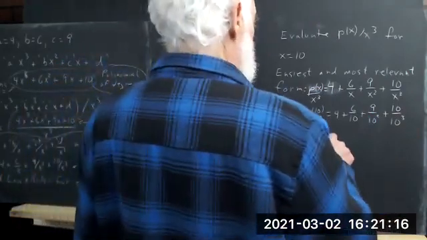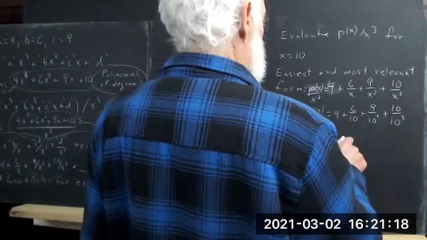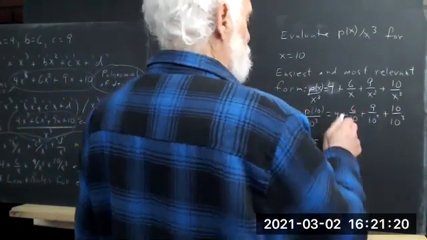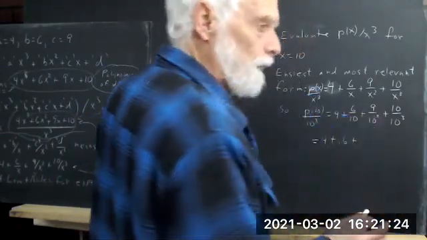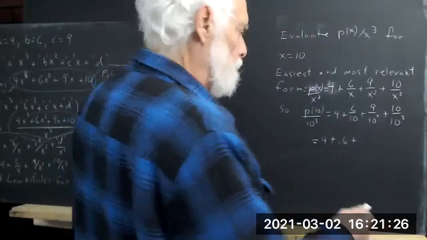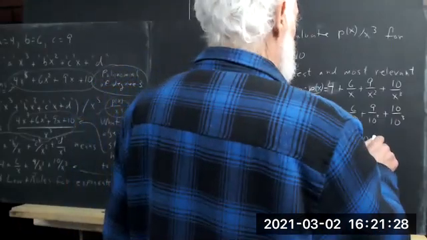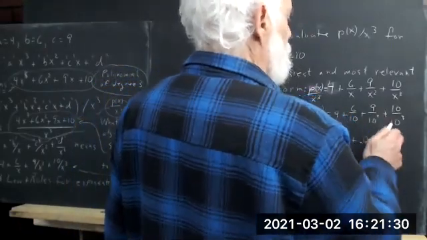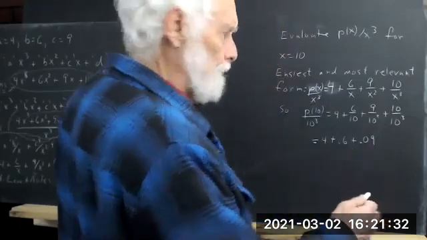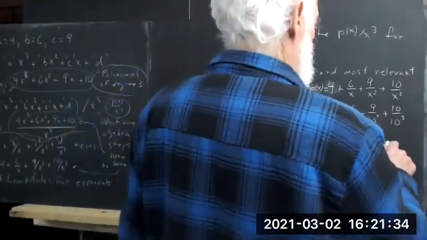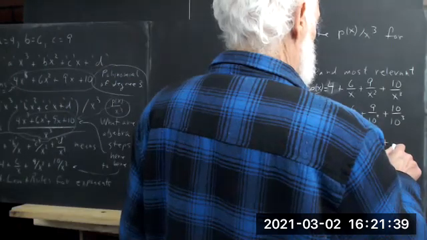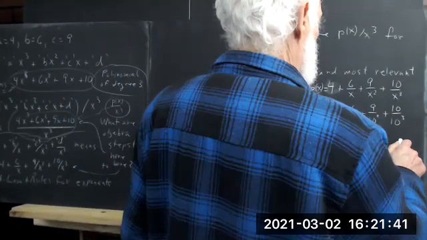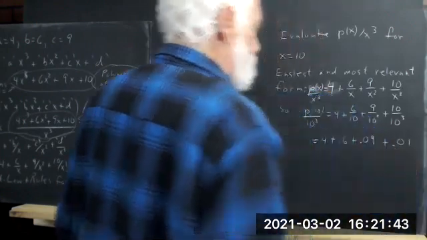This is 4 plus 6 over 10, which is 0.6. 9 over 10 squared, 10 squared is 100, 9 over 100 is 0.09. And 10 over 10 cubed is 10 over 1,000, giving us 0.01.